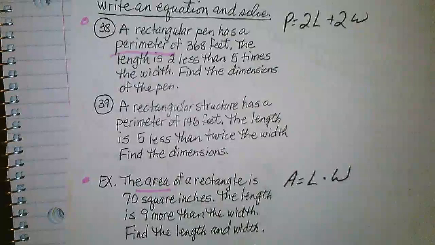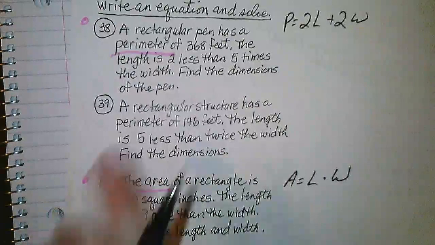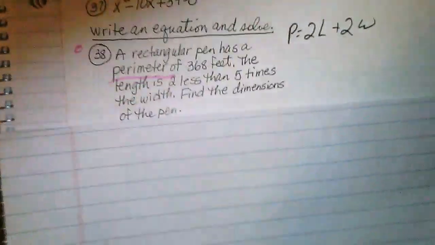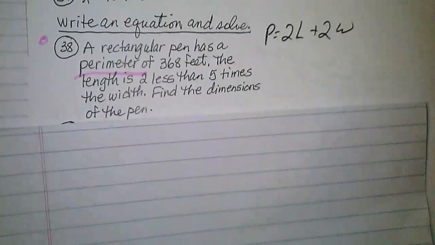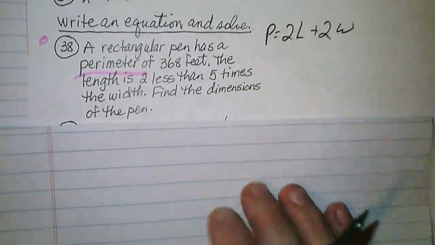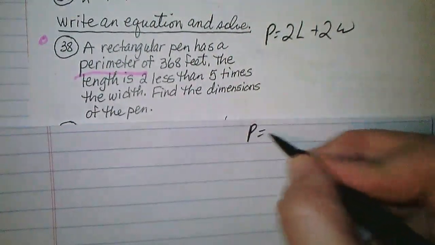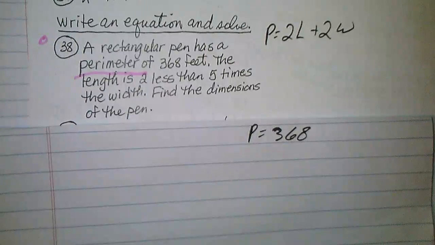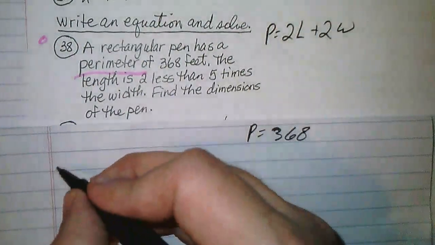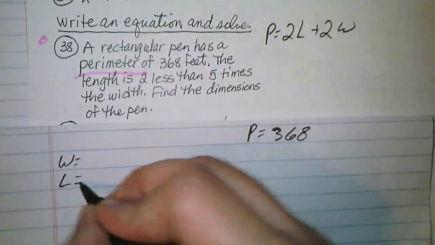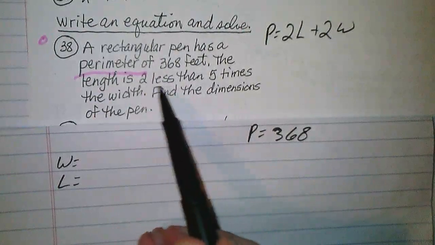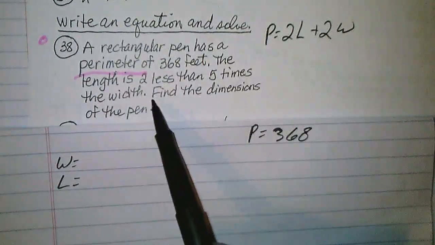So let's take a look first at number 38 here. I'll zoom in. So we have a pin that has a perimeter of 368. The length is 2 less than 5 times the width. It's describing the length, so the length is going to be the binomial here.